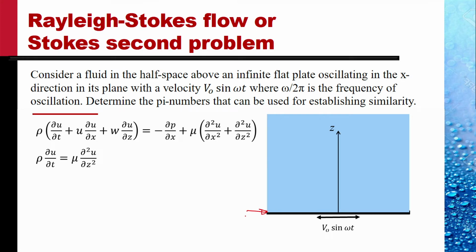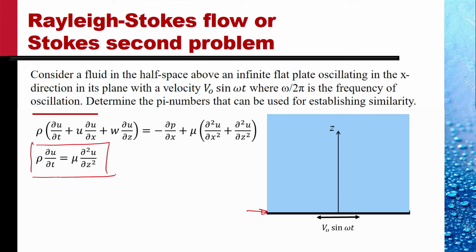And so the equation of motion simplifies to this: rho del u by del t is equal to mu del square u by del z square. This is an unsteady flow with only one component of velocity, which is a function only of z and of course t.